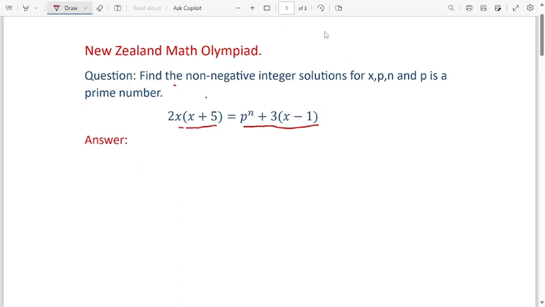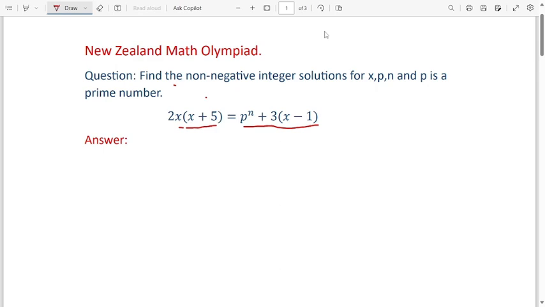Before starting the solution, we need to understand certain things about the equation. We know in general that if the number of variables is equal to the number of equations, then we can easily solve that system of equations.